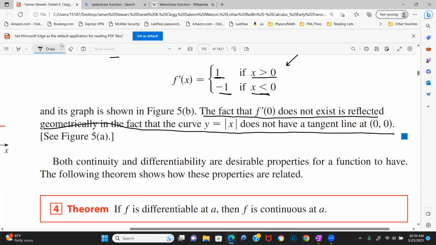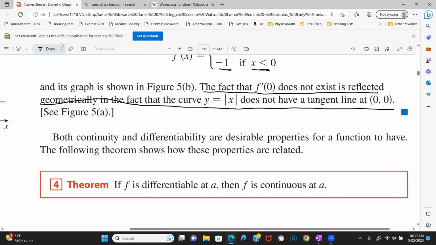All right, so here's a very important theorem that relates continuity and differentiability. It says that if f is differentiable at a, then it's continuous at a.